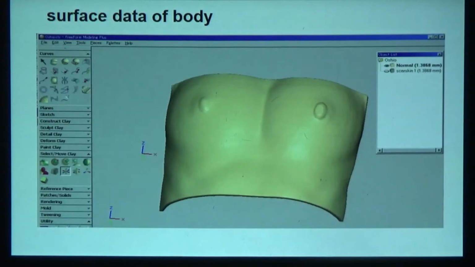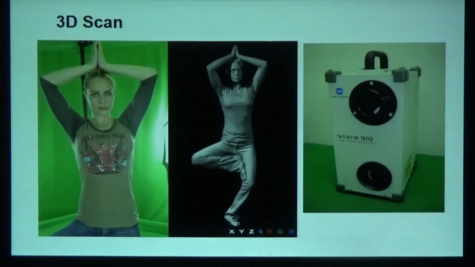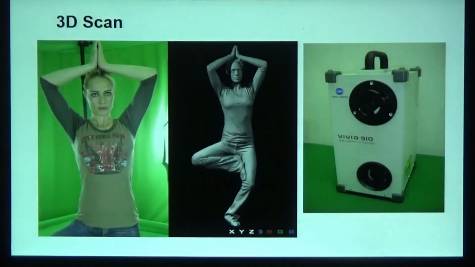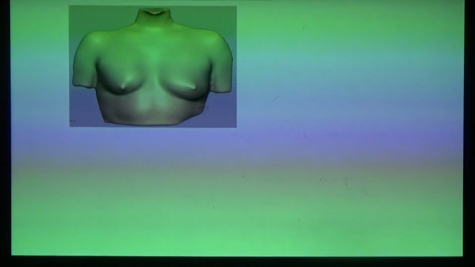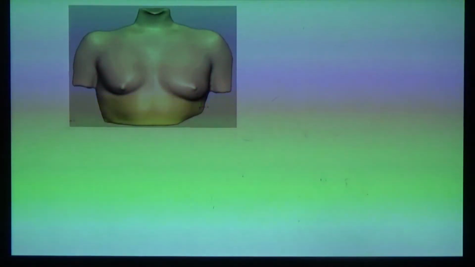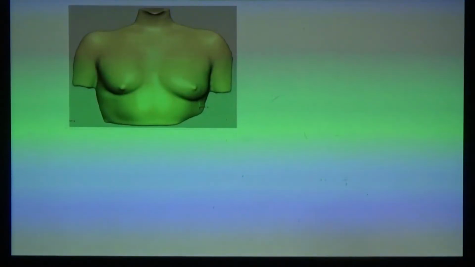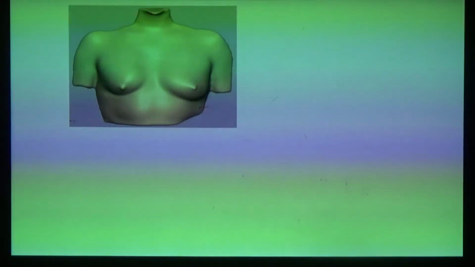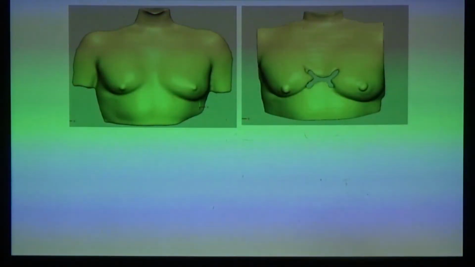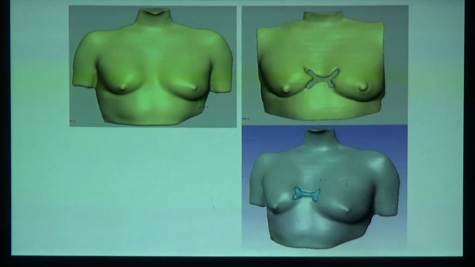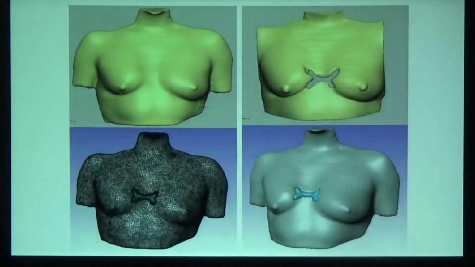First, we obtained surface data of the human chest. This can be done using three-dimensional scanning of the chest. After obtaining the surface data of the chest, we processed the chest into three-dimensional models. Then, by replacing a part of the chest region in each model with hard tissue, we produced models carrying chest scars.